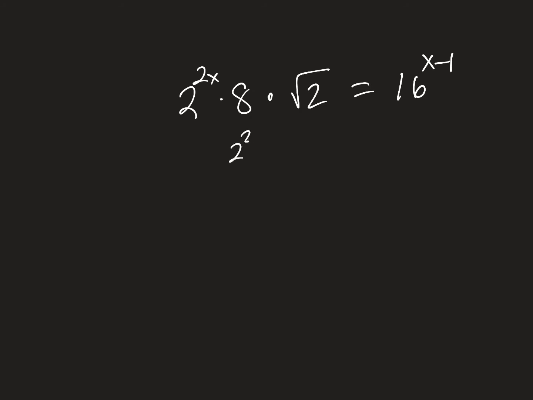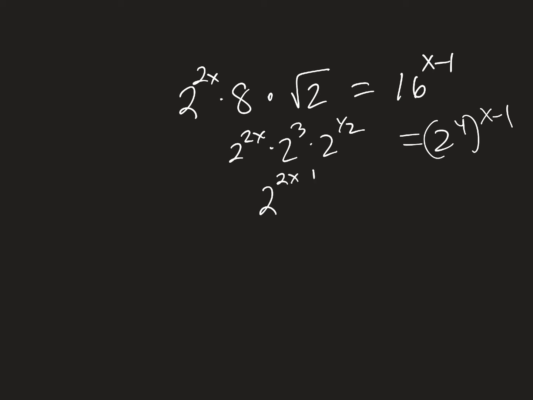So I would do 2 to the 2x times 2 to the third times 2 to the 1/2 equals 2 to the 4th to the x minus 1. Then multiplying with the same base gets you to addition. So it would be 2 to the 2x plus 7/2 equals 2 to the 4x minus 4.